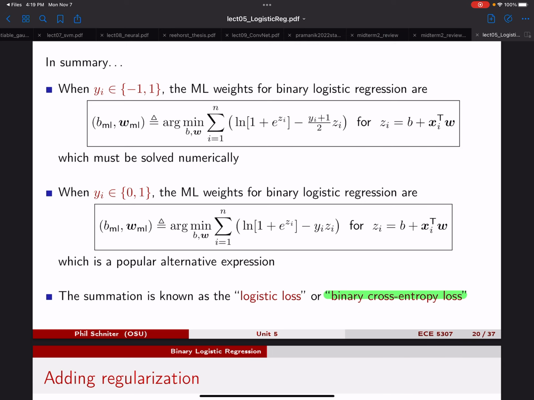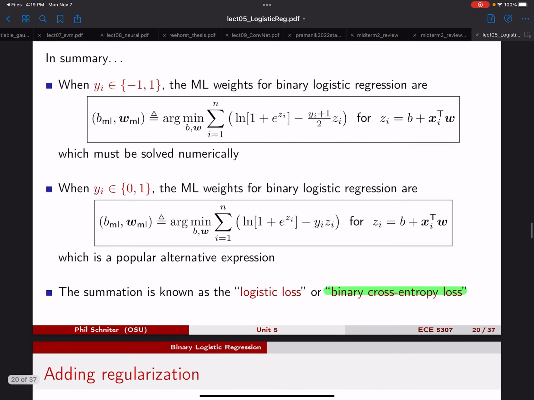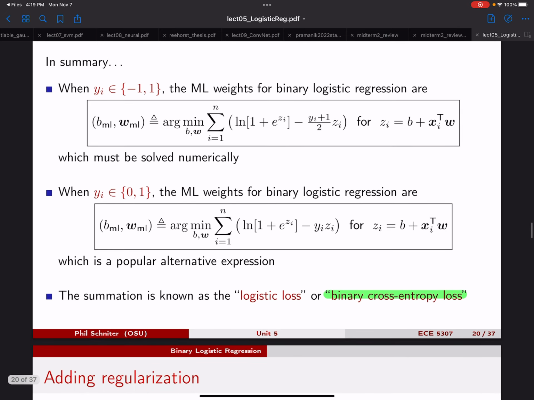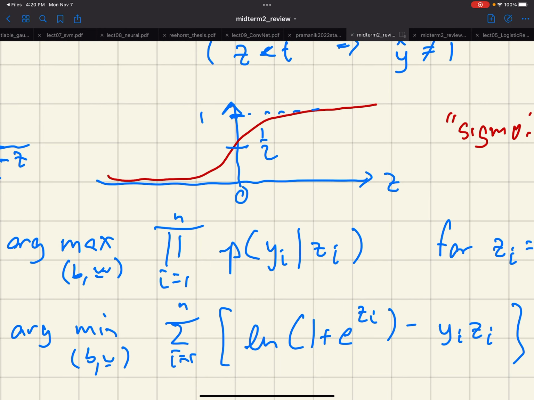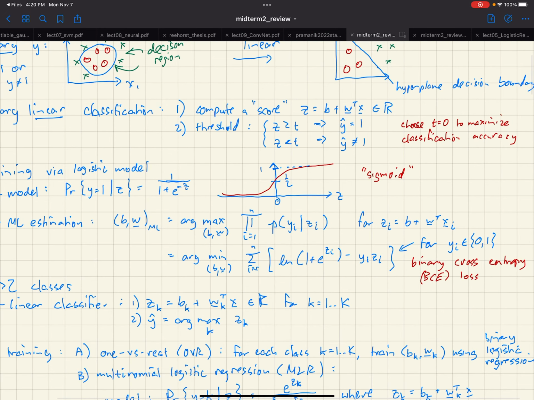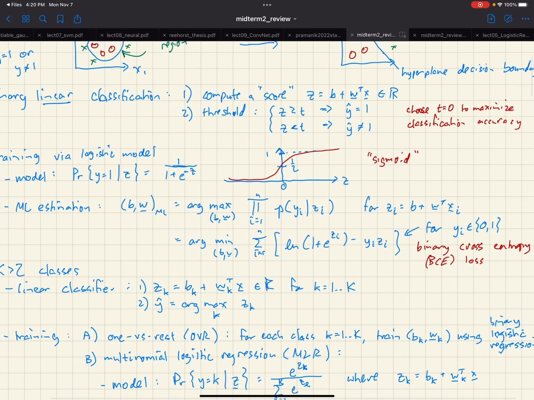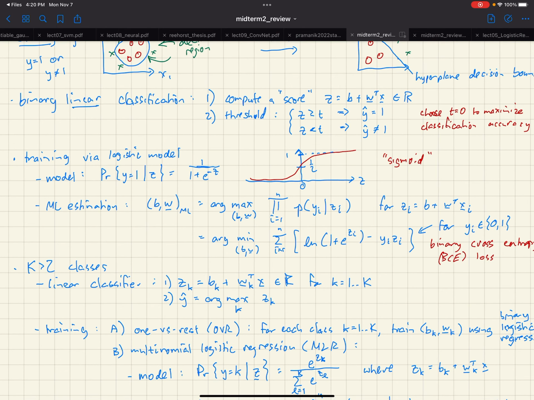Okay, so this is the expression. I think I have that correct. Right? Is that good? Okay. Yeah. So that's what we derived. Okay, everybody good with this?